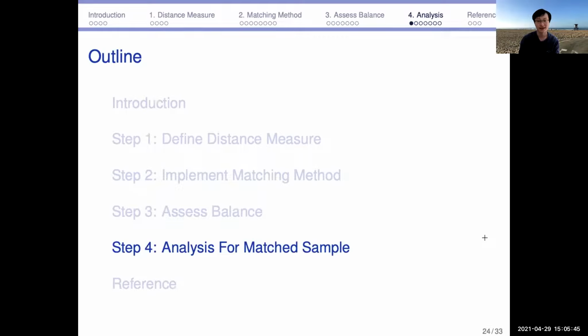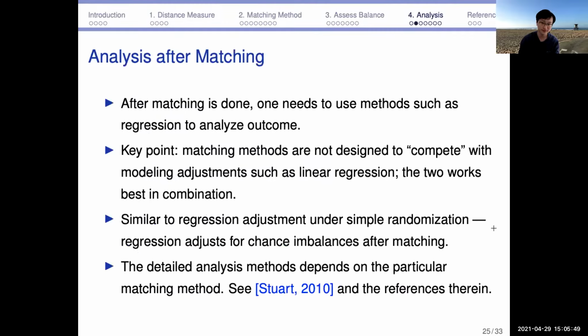Okay, if none, then let's move on to analysis for the matched sample. All the things that we talked about today for matching are kind of intuitive and applied.